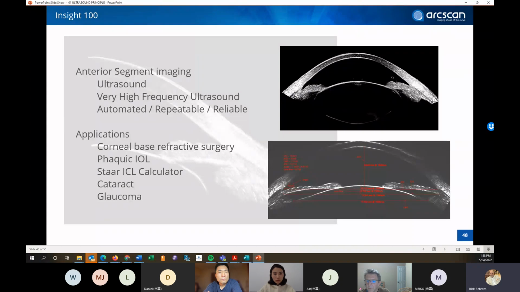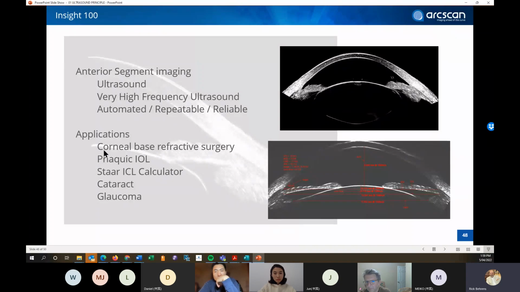The difference between our device and the regular UBM is comparable to a VHS, for those who are a little bit older, and a DVD or a 4K image. You get more information, more frames per second, but the quality of the frames is also important. Our device is automatic, it's controlled by robotics, it is reliable, repeatable, and it's not technician dependent.